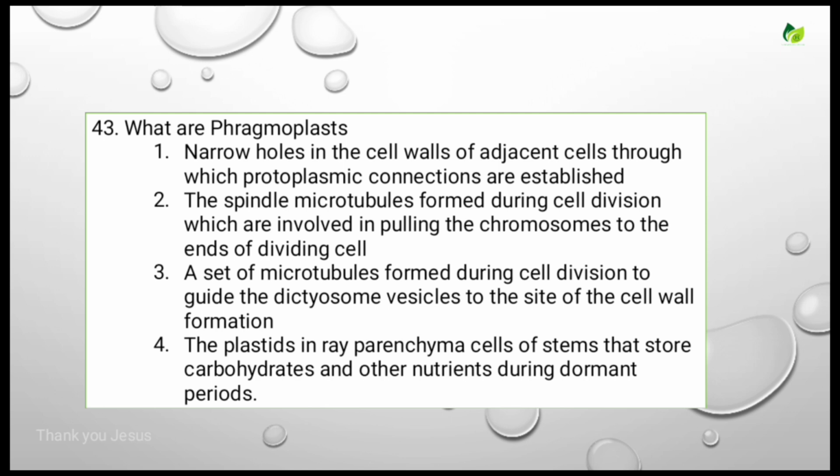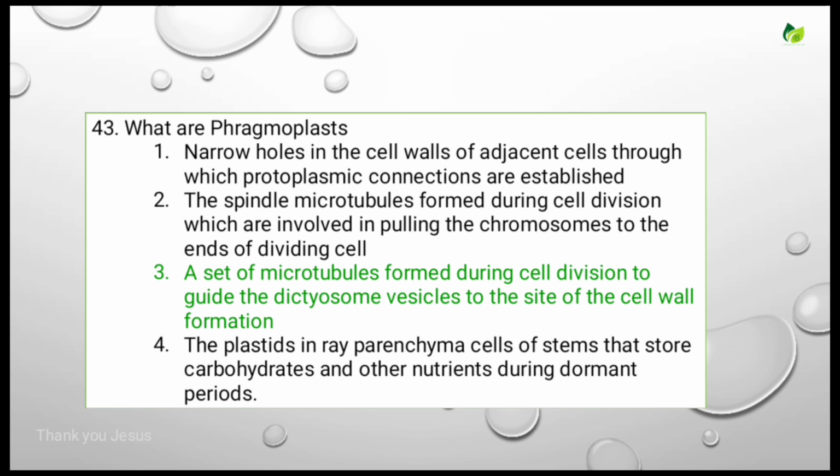Actually, the third answer is the correct one. A phragmoplast is a set of microtubules formed during cell division to guide the dictyosome vesicles to the site of cell wall formation. So actually, from the phragmoplast, later the middle lamella is formed.